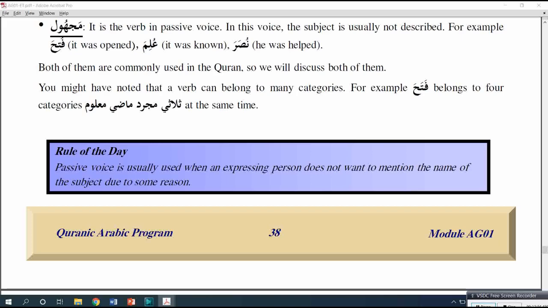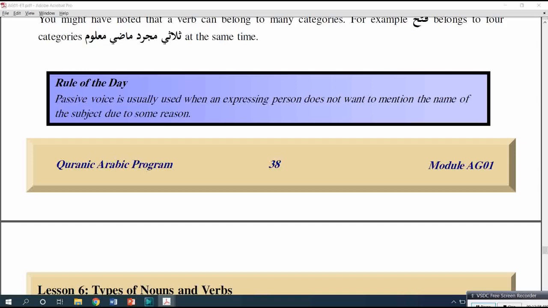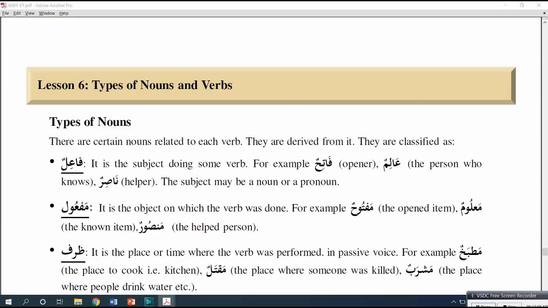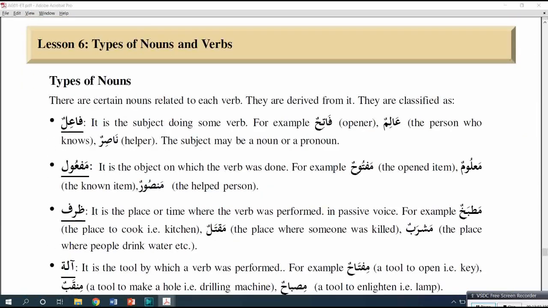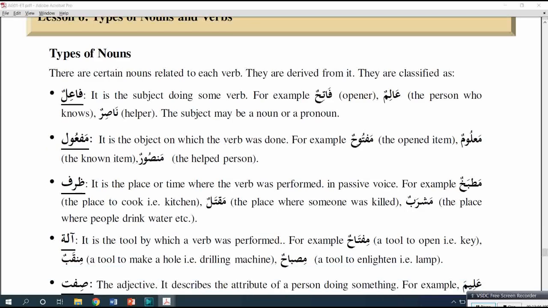Types of nouns as well. Please note these, then you will have to practice. Fa'il. Fa'il means the subject doing some verb. For example, fatihun means opener, who opens it. Alimun, the person who knows.